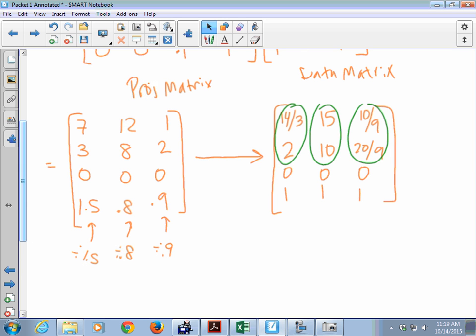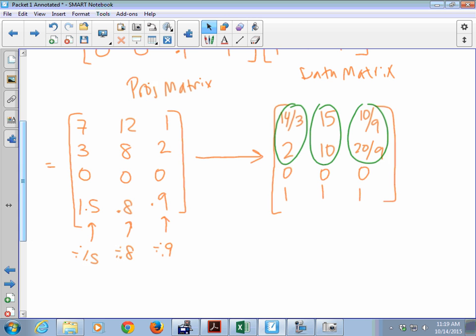Each column from the previous one, I divided every entry in it by the bottom entry. So 7 over 1.5 just simplifies to 14 thirds. Because the bottom is supposed to be meaningless. It's supposed to be just ones, placeholders. Oh yeah, they're divisions.